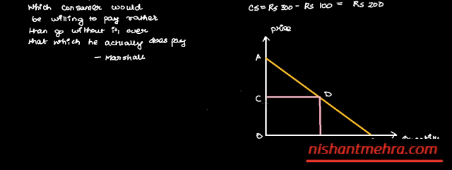And at that price he buys OE. Clear? So the total utility from buying OE units is given by O, A, D and E.